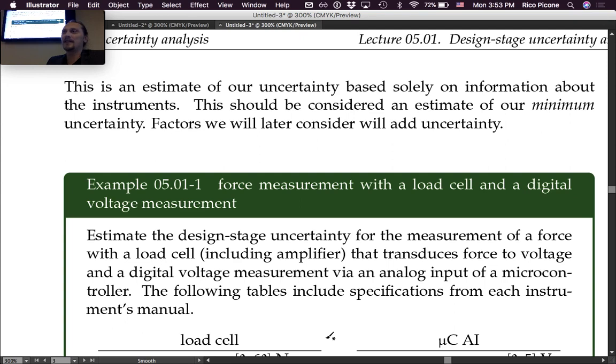If your design stage uncertainty tells you that to have 95% confidence, your bound is like 4 times larger than the bound you need, it's probably not going to work that way. You're going to have to find different instruments, different sensors, what have you.